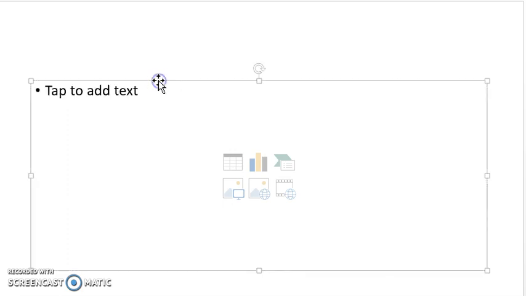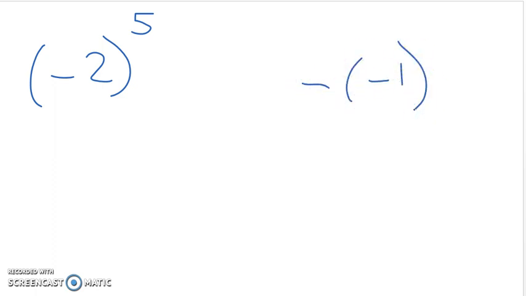Alright, first question is going to be minus 2 to the power of 5. And the second question is going to be minus bracket minus 1 to the 17.